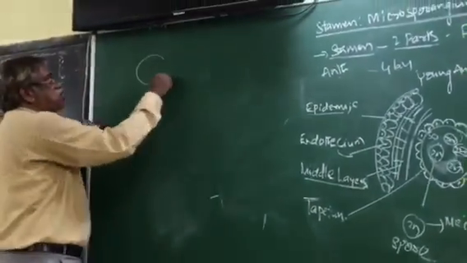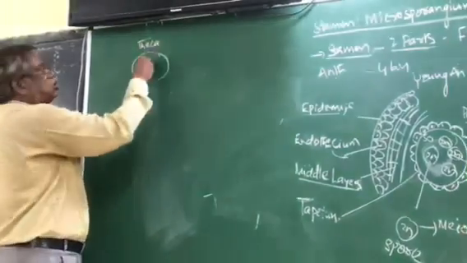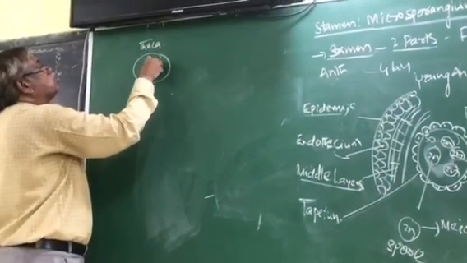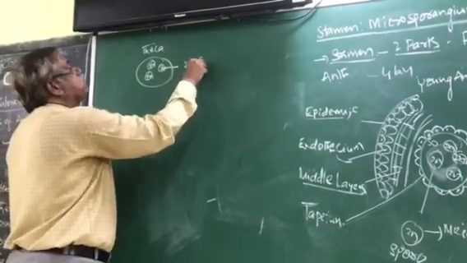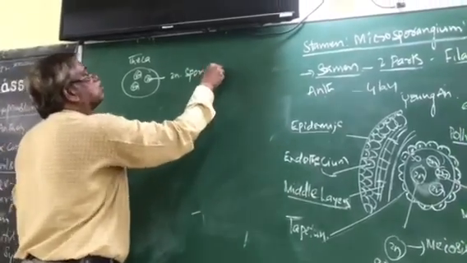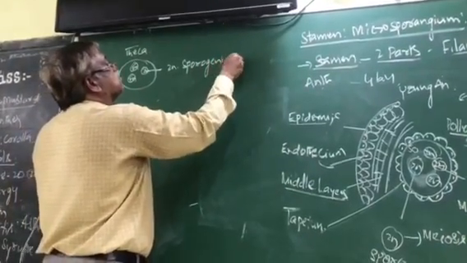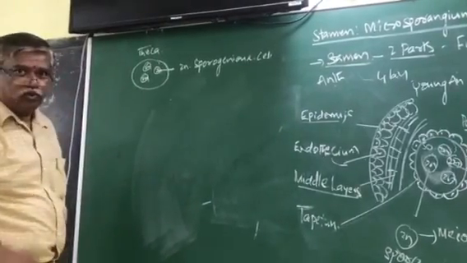See, it is theca. Now this is a diploid sporogenous cell. That is today.